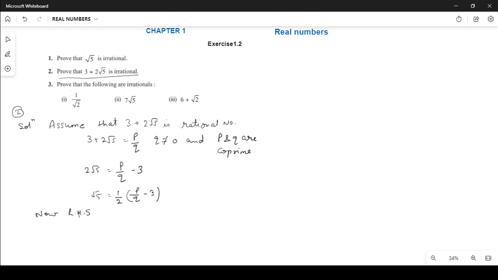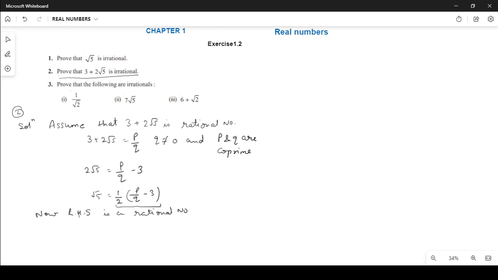If I subtract 3 from a rational number, then it is again a rational number. If I multiply this rational number with 1 by 2, then this is again a rational number, right? So right hand side is a rational number.